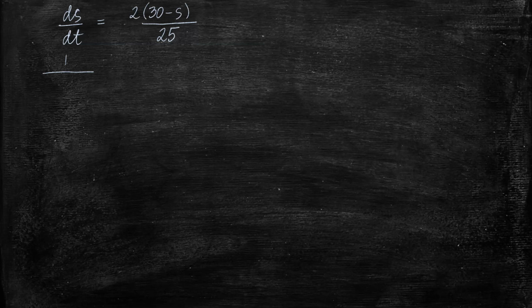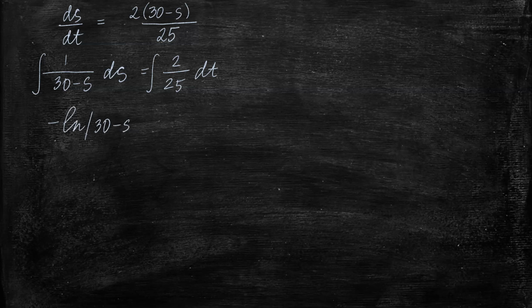And when we separate it, we're going to have 30 minus s here, times ds, and here we can have 2 over 25 dt, and it all makes sense now after we get all the integral signs in there. And now we integrate both sides. So here we have negative ln absolute value of 30 minus s, and on the other side we have 2 over 25 t plus c.